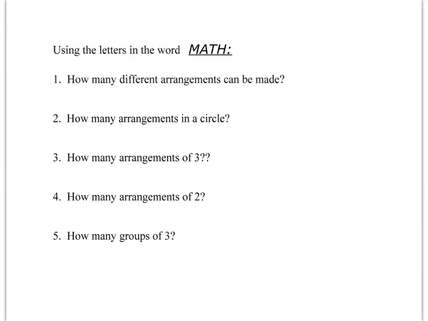Okay, so we're going to try these right now. Using the letters in the word math, that's 4 letters, M-A-T-H, how many different arrangements can be made? So how many permutations? This is just going to be 4 factorial, which equals 4 times 3 times 2 times 1, which of course equals 4 times 3 is 12, 12 times 2 is 24.